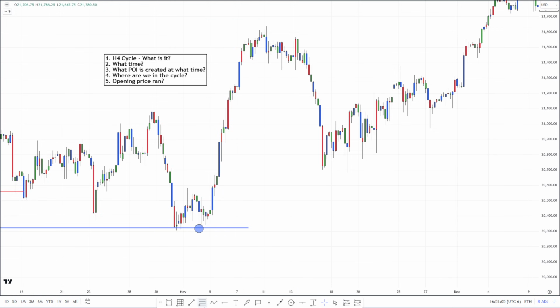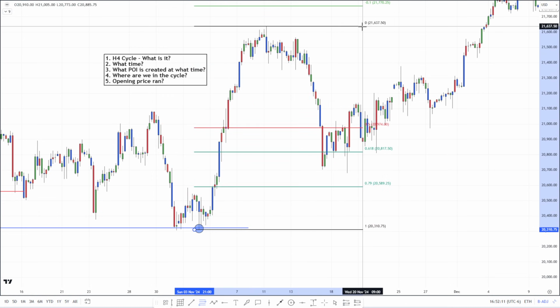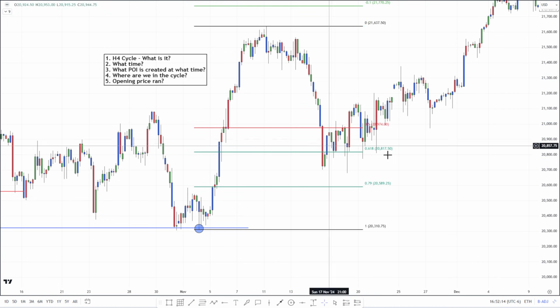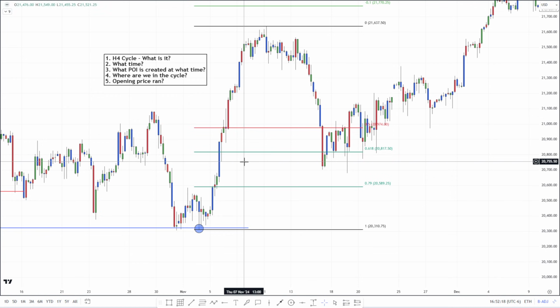Nice little movement right here. Optimal trade entry. What do we have? Okay. Low.